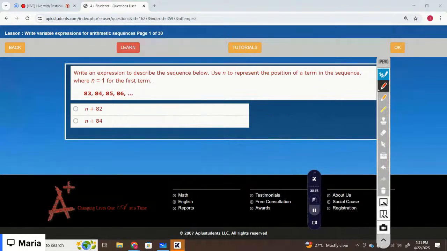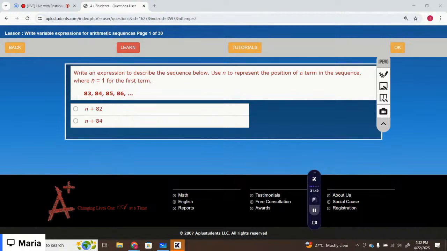So which is the correct option? We have to find the expression.